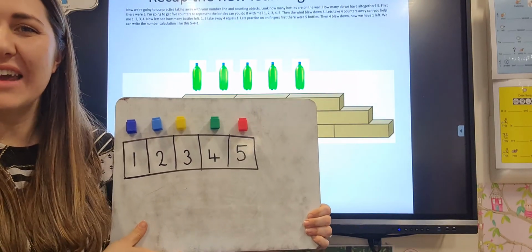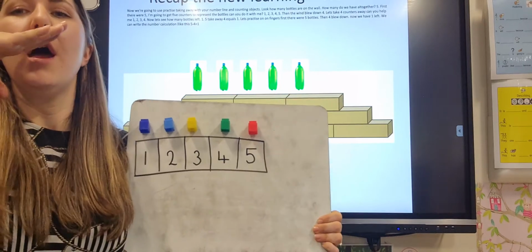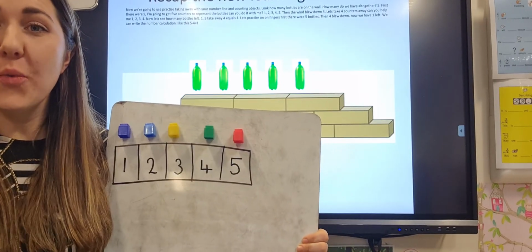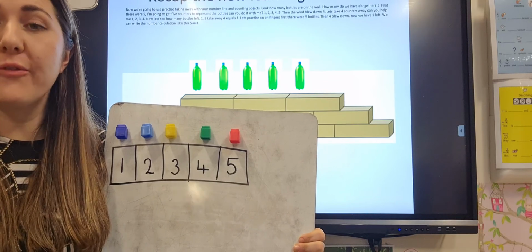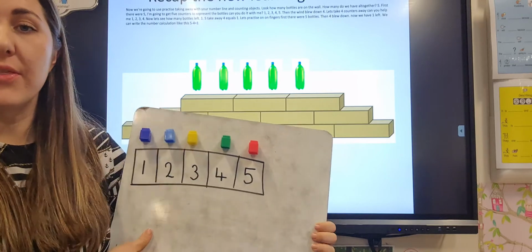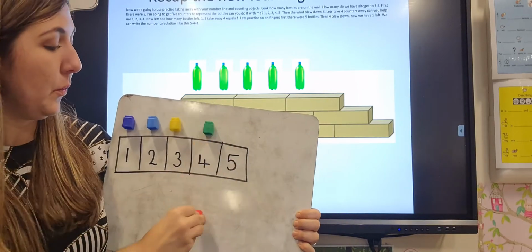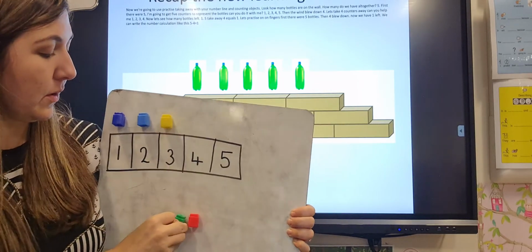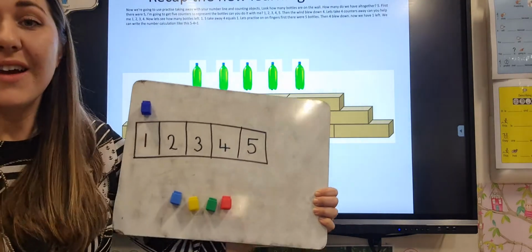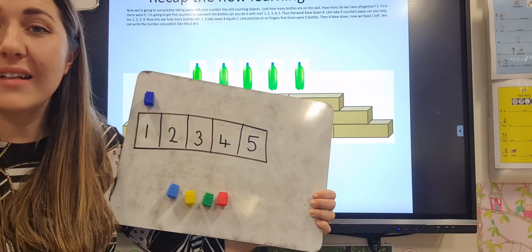First, there were 5 bottles on the wall. Then the wind blew down 4 bottles. We need to take away those 4. 1, 2, 3, 4. 4 is a part.